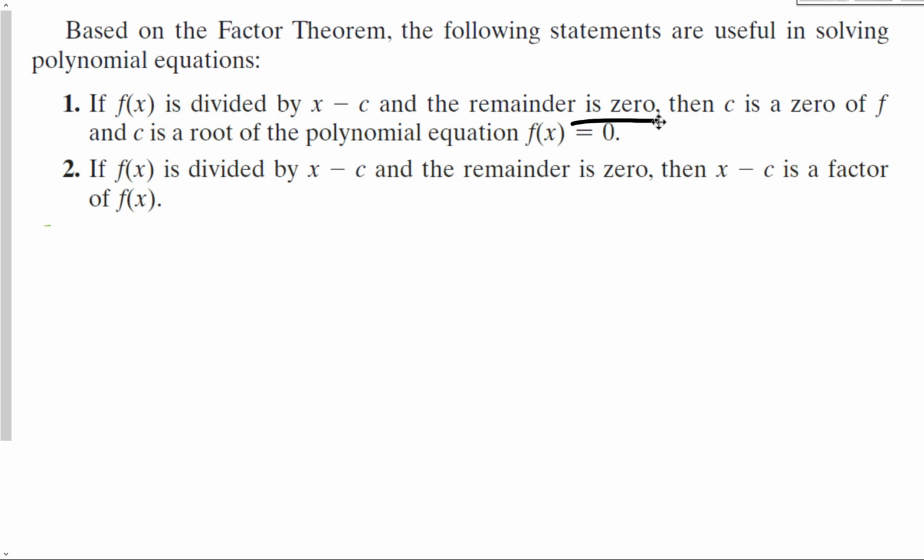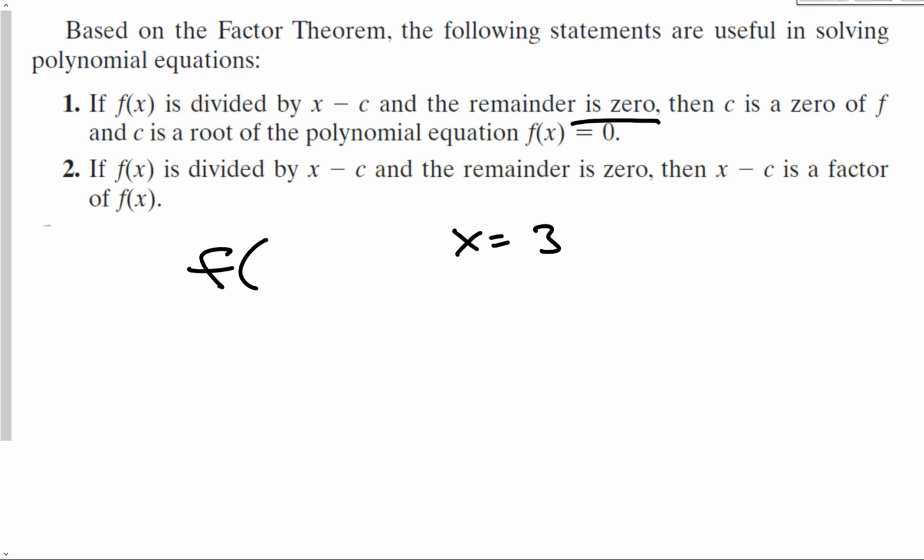If it's divided by x minus c and the remainder is 0, then x minus c is also a factor. So all of these things are what happens when you have the function equal to 0. It's a 0, it's a root, and if you move the number to the other side, you can actually have a factor.